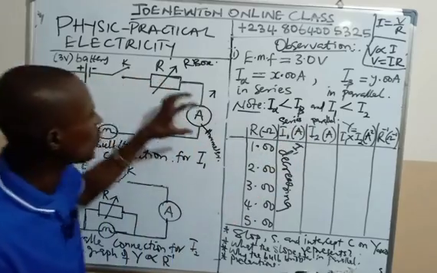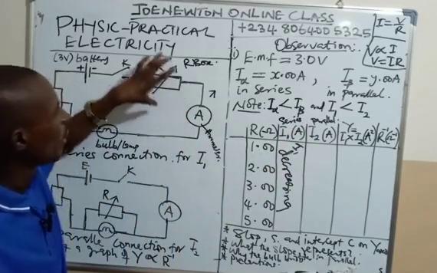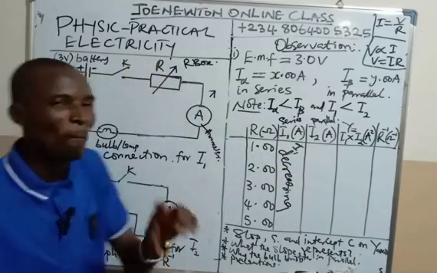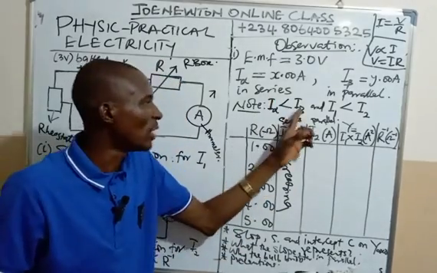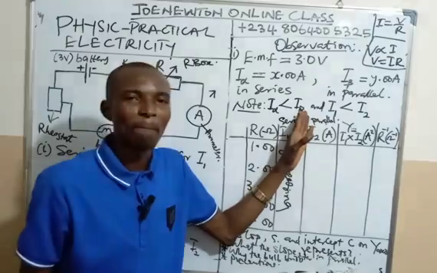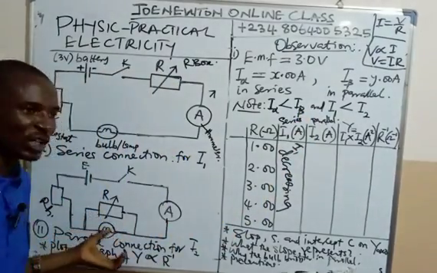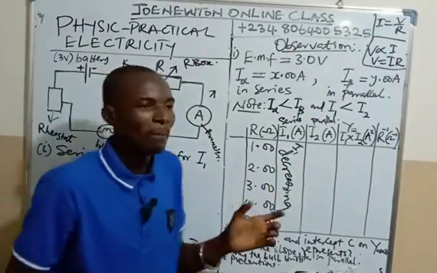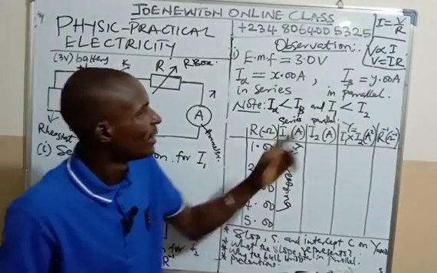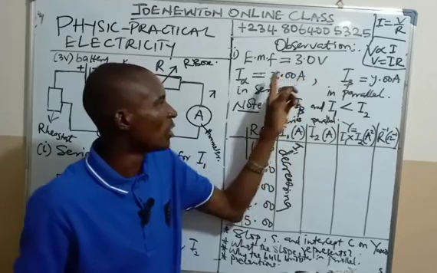That is, the maximum current value when connected in series should be less than the maximum current value when connected in parallel, I mean the resistance box connection. Or conversely, you can say that I beta is greater than I alpha.